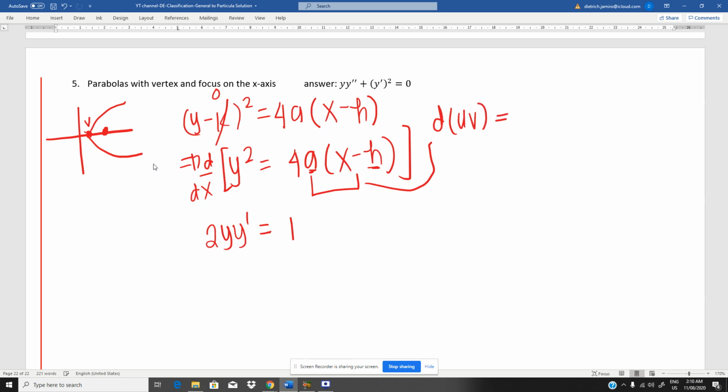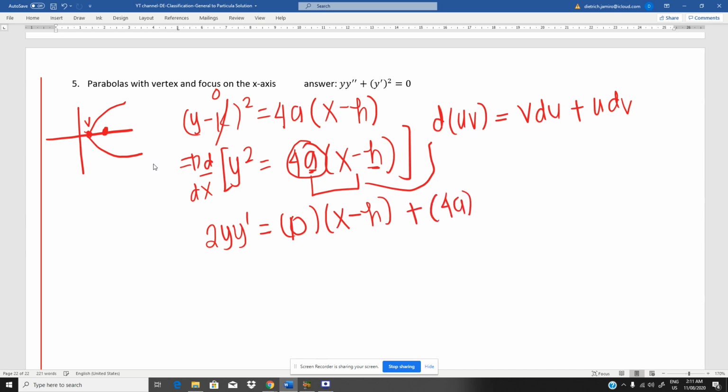I'll just write the formula. We'll have v du plus u dv. By taking the product rule, we will have the derivative of 4a, which is equivalent to 0, multiplied by the second term, which is x minus h, plus copying the first, which is 4a, multiplied by the derivative of the second, which is equivalent to 1.